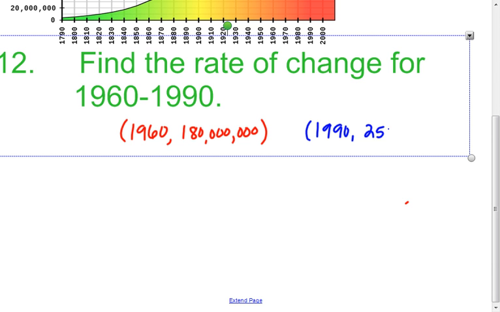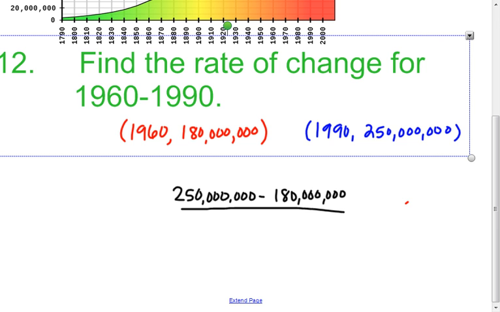And again, not pretty numbers, but we can handle this. So I want the change in the population on top, so I will go 250 million minus 180 million over my change in years on the bottom. Since I started with 250 for my population, that was in the year 1990, so I have to start with that on the bottom.